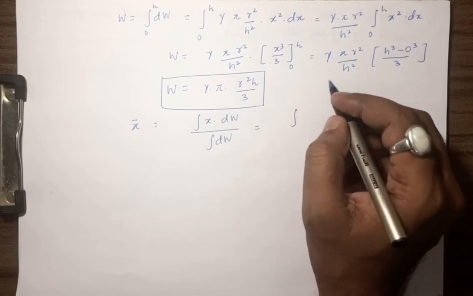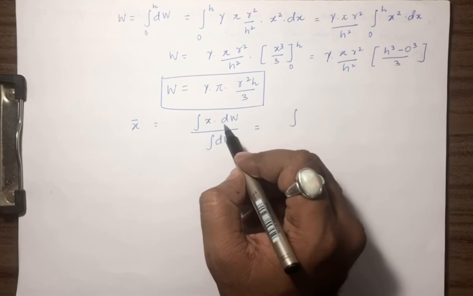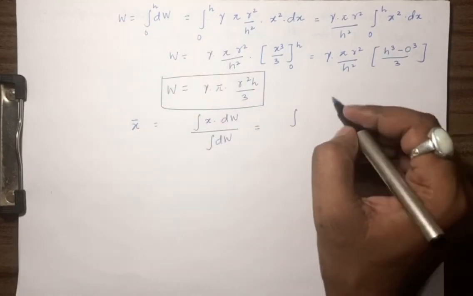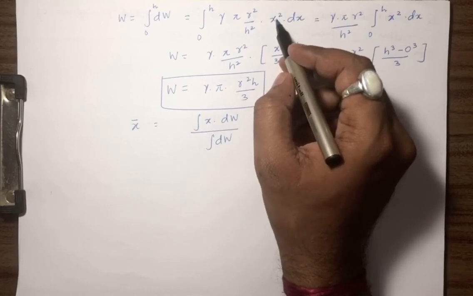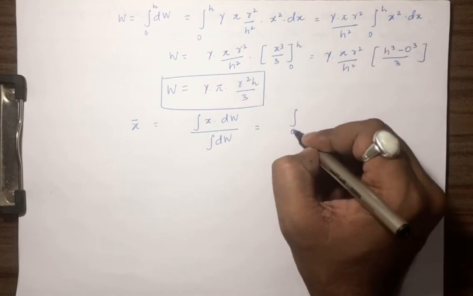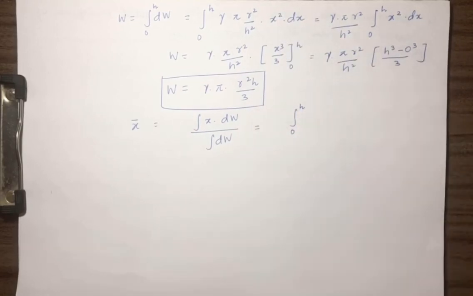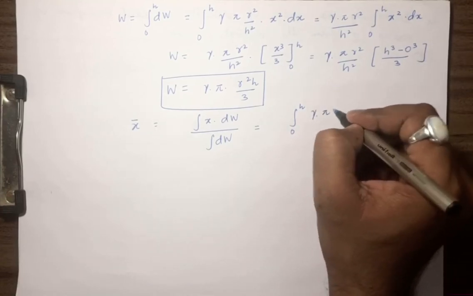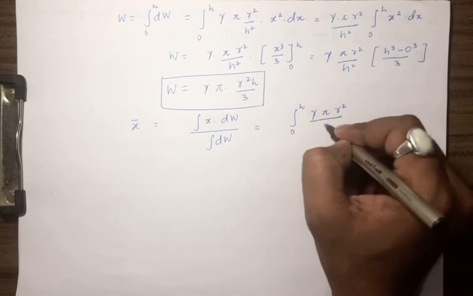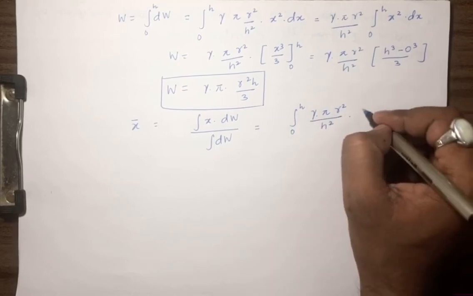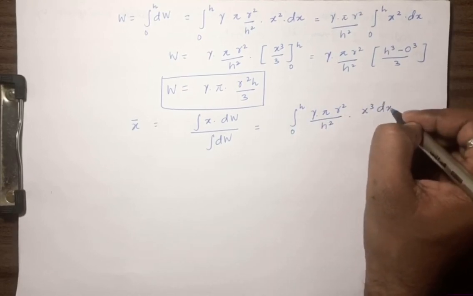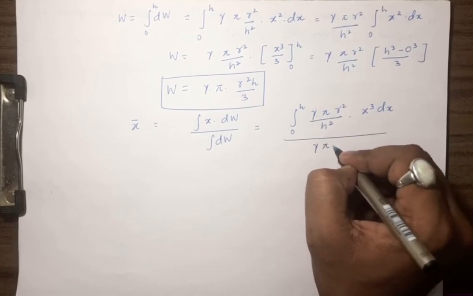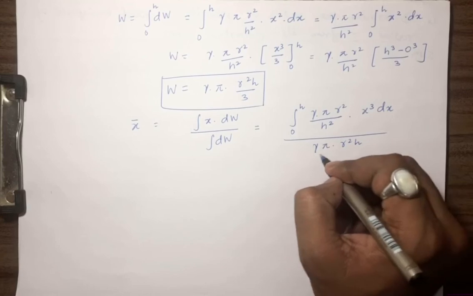This is nothing but this dW equation, we have to multiply x here. Okay, so this x square will become x cube. So 0 to h, gamma pi r square upon h square x cube dx upon this same gamma pi r square h upon 3.